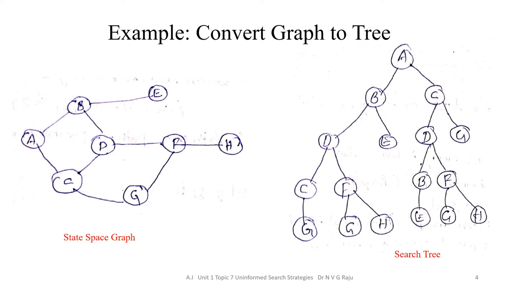A is an ancestor for B and C. D and E are descendants for B. The branching factor is every node having one or more children, so the maximum number of children is, for B, equal to 3. The complete path A, B, D, C, G is called a complete path, and A, B, D or A, B, E is called a partial path. We are going to expand nodes in closed nodes.